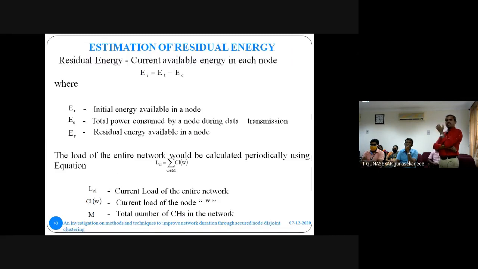After all transmission, we estimate the balance energy available in each node, which can be estimated by using this equation: E suffix R equals E suffix D minus E suffix C. E suffix D is the initial energy available in each node, and E suffix C is the energy consumed for data transmission. After that, we estimate the load assigned to each sensor node in the network by using this equation.